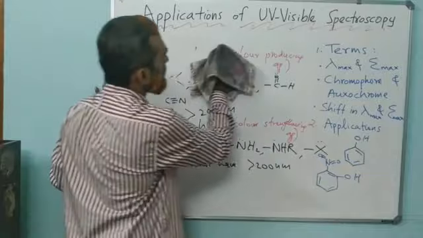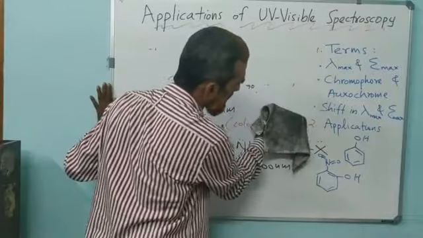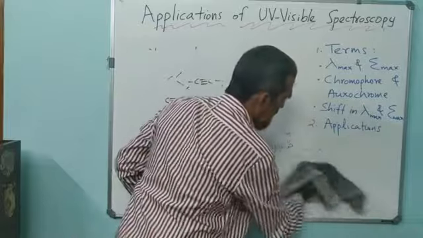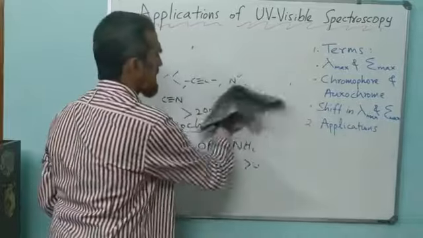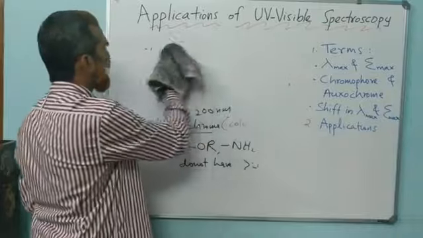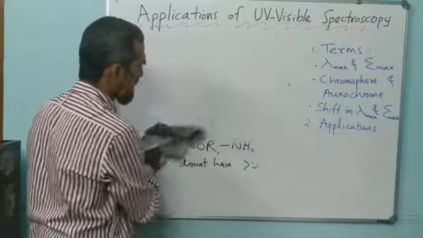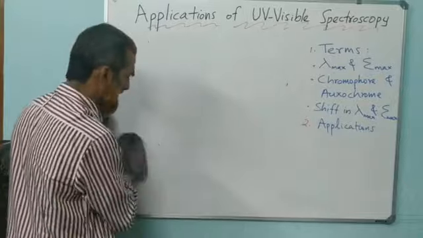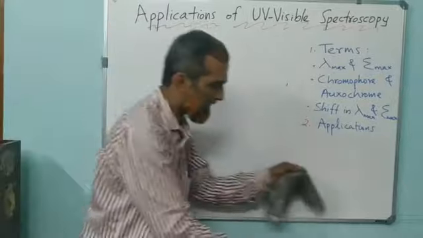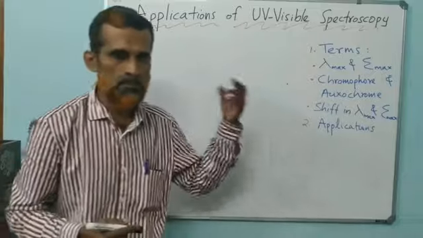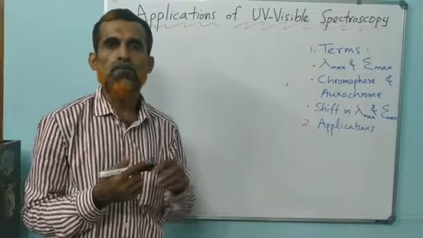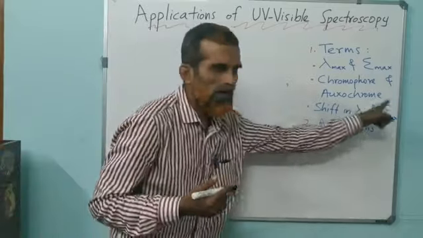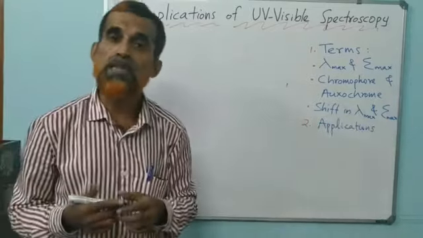Now coming to another set of terms which is regarding shift in the value of lambda max and epsilon max. For a molecule there will be a characteristic lambda max and correspondingly an epsilon max, but the value will change by changing the conditions, like if you change the functional groups, if you change the solvent, etc., the lambda max and epsilon max value of compounds will change.